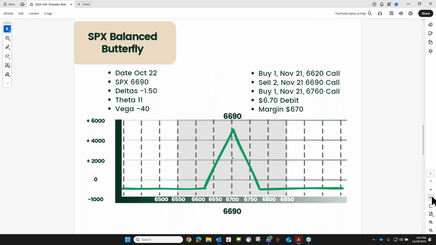So generally I'm selling at the money calls. Why? Because they have the most extrinsic value, right? That's where the juice is, the time premium, the extrinsic value, and that's the part of an option that decays the most. So that's really the reason to do this, is sell the at the money calls, right? That's the whole purpose of this, is to sell that part of an option that decays the most.